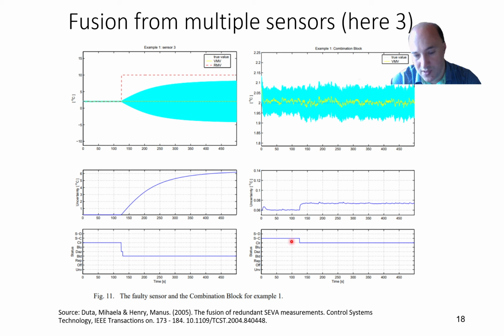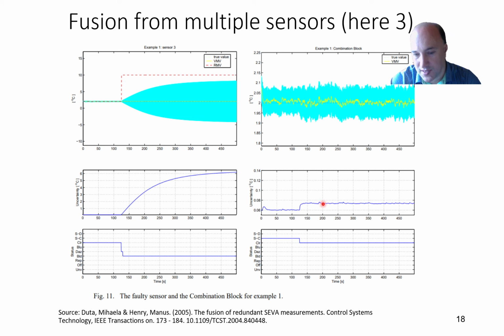And from this time on, we have introduced an error in sensor 3. And when you do the combination algorithm, you will see that we have 2 sensors that are clear, and the third one is blind. So we will not be in the secure state because our 3 sensors are not giving us the same data, but we still have a fairly large confidence that those 2 sensors work correctly. So we can be in the clear state, and we will simply discard the reading from the third sensor. So this is the effect on uncertainty.